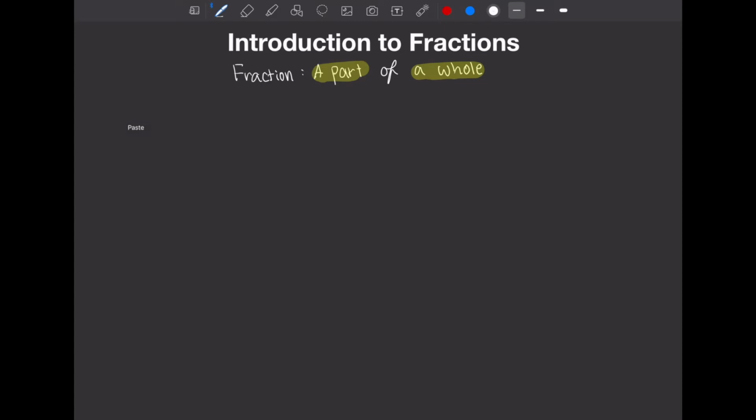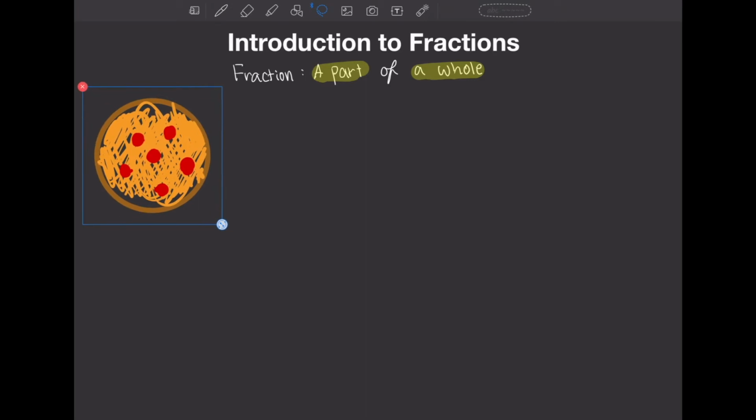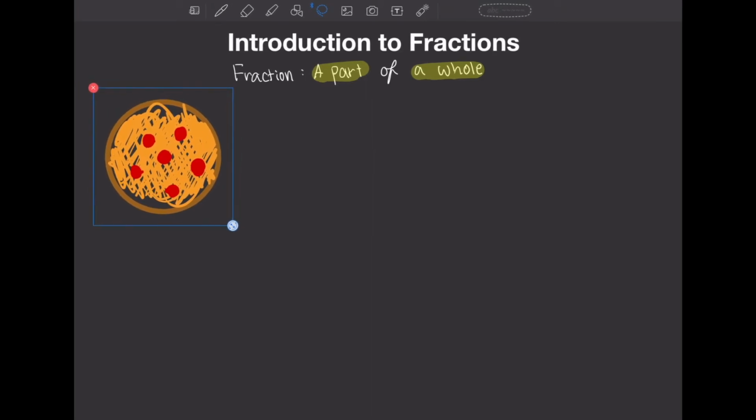So let me draw a pizza, or paste a picture of a pizza right here. And because I'm not very hungry, let's say I divide this pizza into 4 equal parts, like this and like this, and I only eat this portion of the pizza.